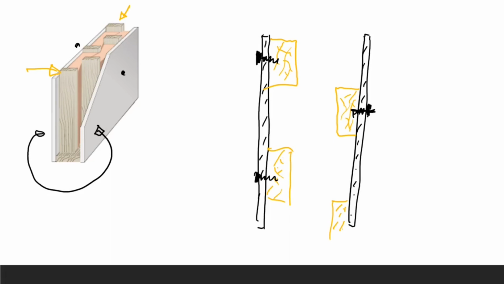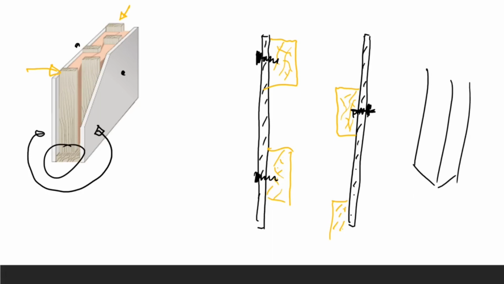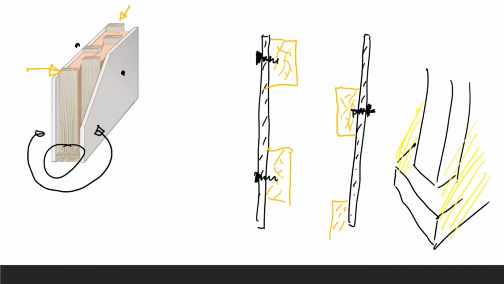Well, first of all, you've got your timber, typically like that, and then that would be fixed onto what we call the sole plate, and then you would have your board fixed either side of that. This would be top and bottom of the stud, but the studs in between, there's no sound transmission whatsoever.